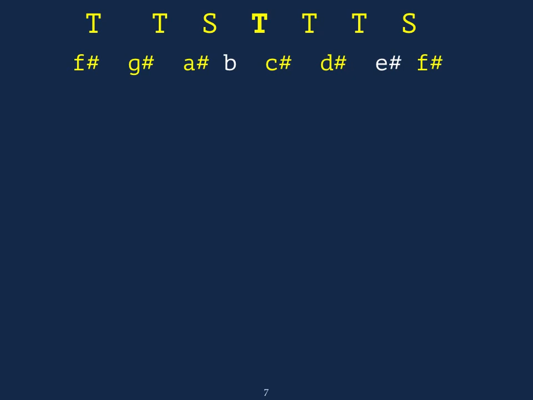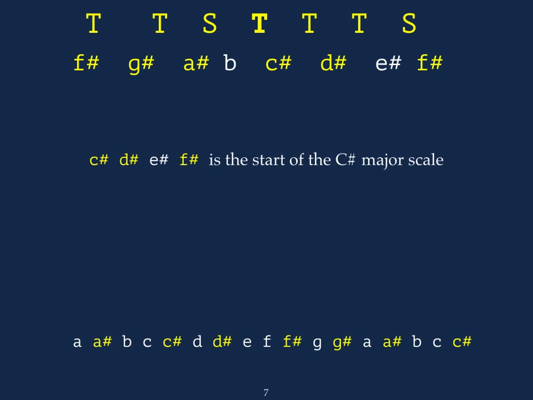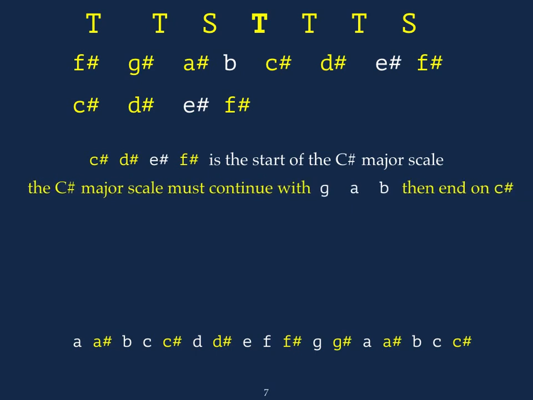So then let's just take a look at the next scale. C sharp, D sharp, E sharp, F sharp is going to be the start of the C sharp major scale. There it is. It must continue with G, A, B and then end on C sharp.